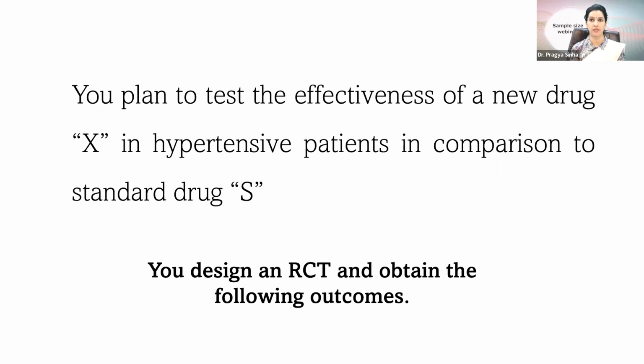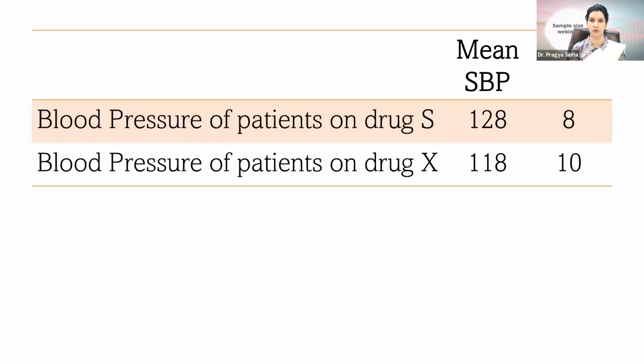So you plan to test the effectiveness of a new drug X, maybe in hypertensive patients, in comparison to the standard drug. So standard drug is S and new drug is X. I have designed an RCT, and I have obtained the following outcome. My goal of giving this drug is to attain a normotensive status.